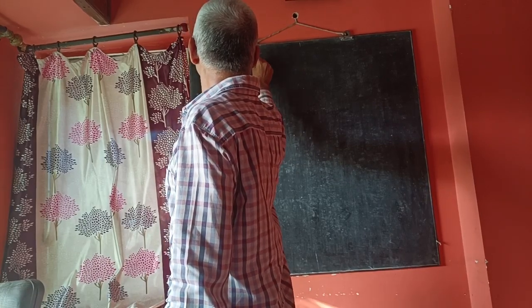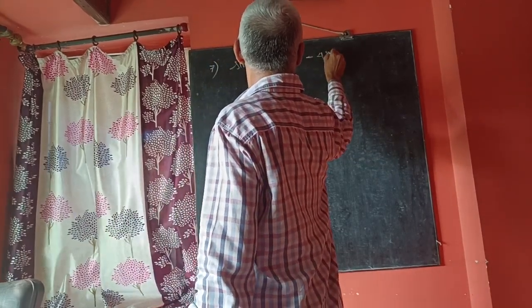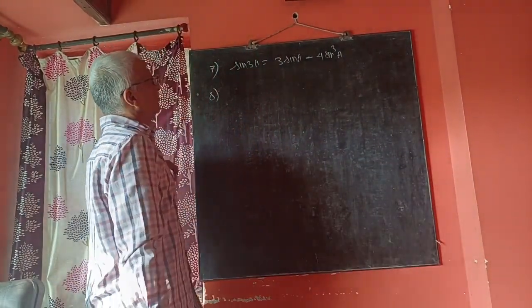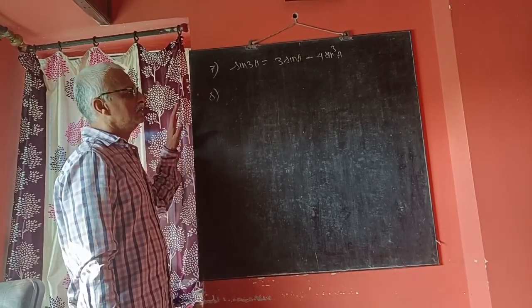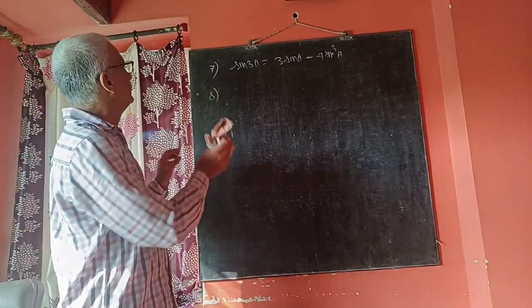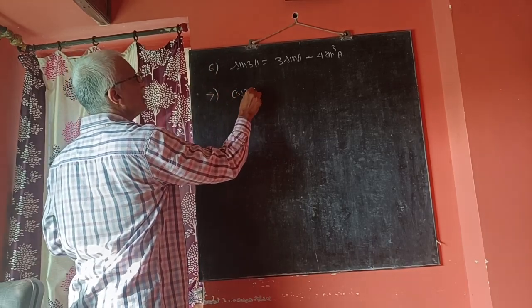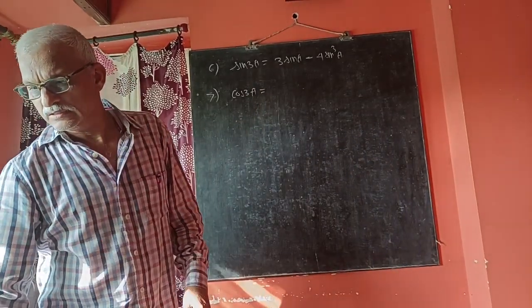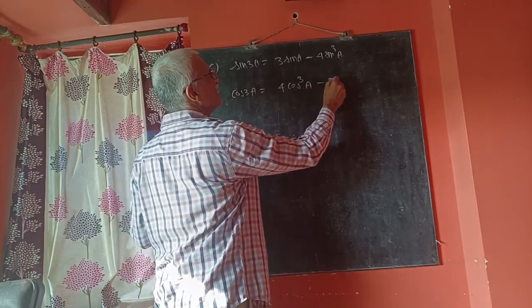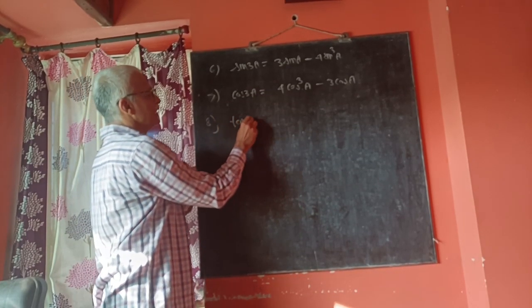Sin 3A equals 3 sin A minus 4 sin cube A. I think this is the sixth one, this is the seventh. Cos 3A equals 4 cos cube A minus 3 cos A, and the eighth one is tan 3A.